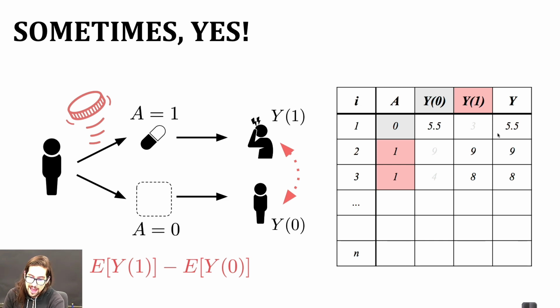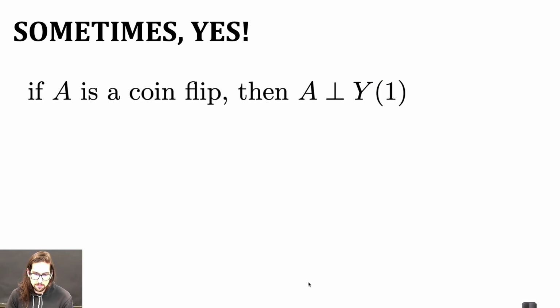So half the people we get to see this potential outcome, the other half we get to see the other potential outcome. But who gets to be in which bucket, so to speak, is decided purely at random. I claim that in this setting, we can actually get at what this number is, and I'll show you how. It relies on everything that we've learned about independence and expectations.